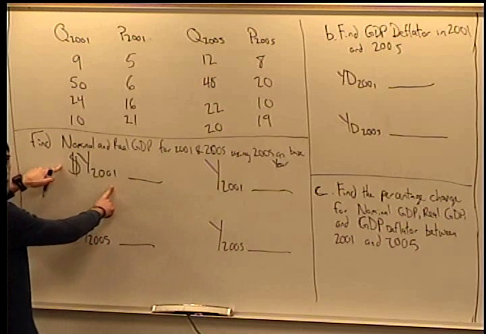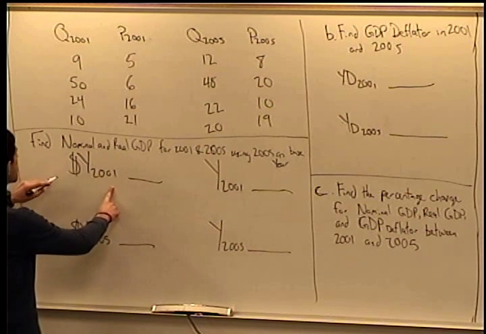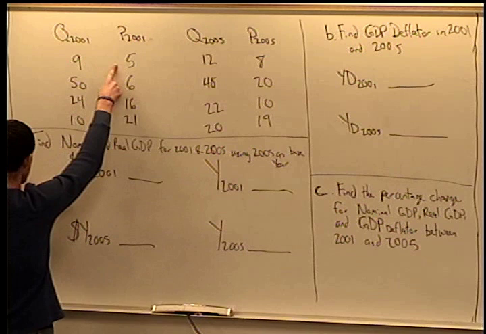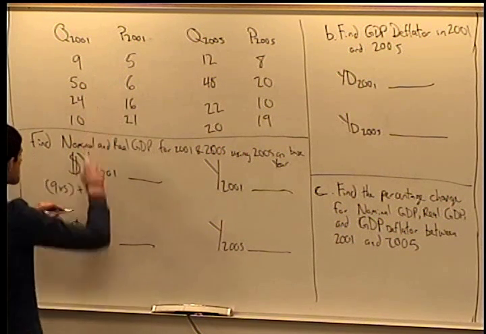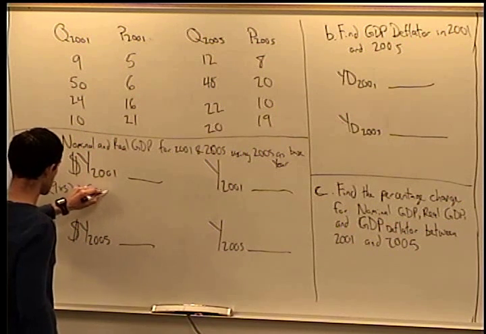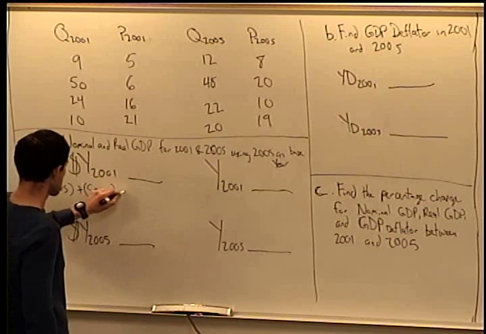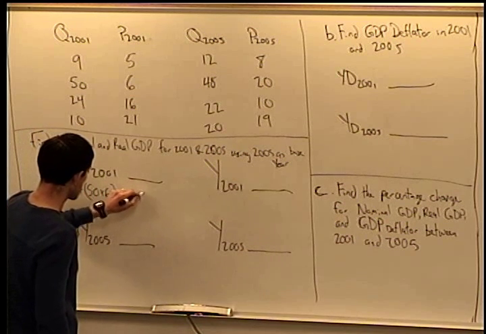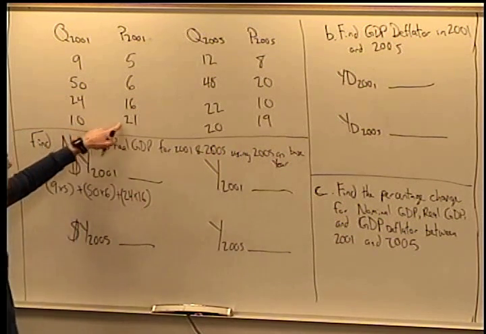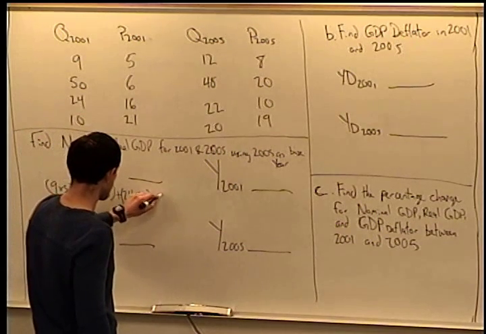So for nominal GDP in 2001, we take 9 times 5 plus 50 times 6 plus 24 times 16 plus 10 times 21.